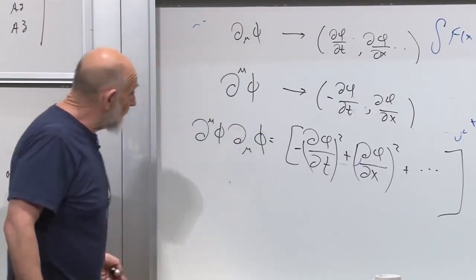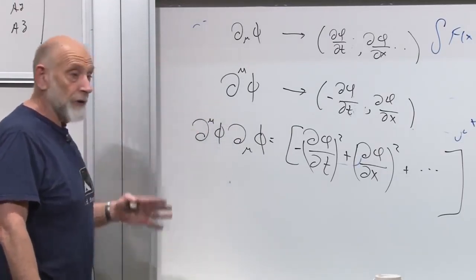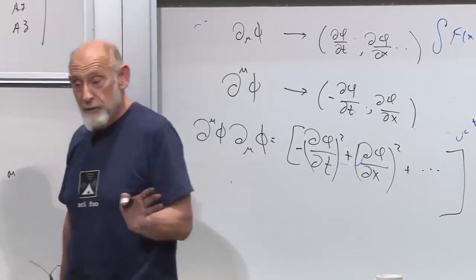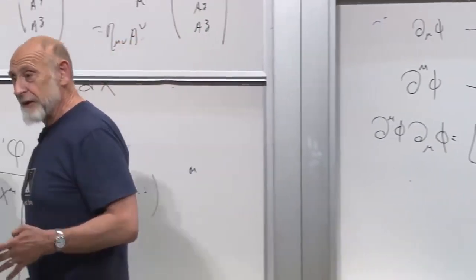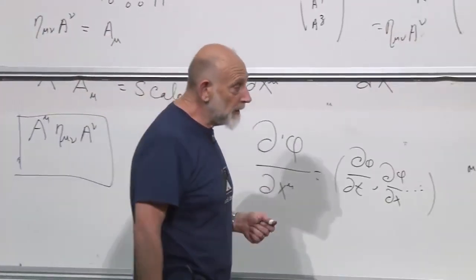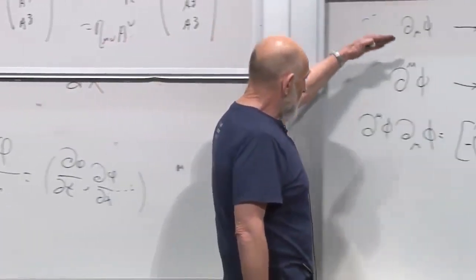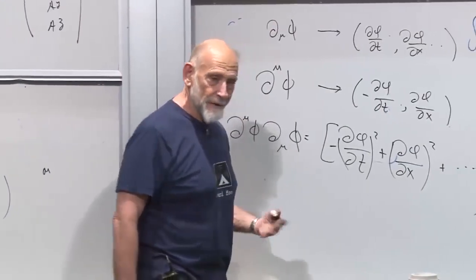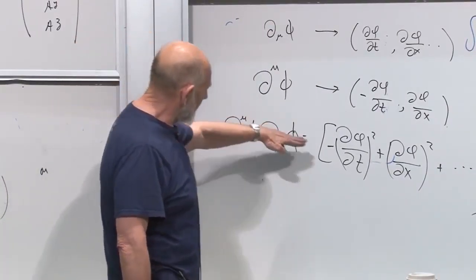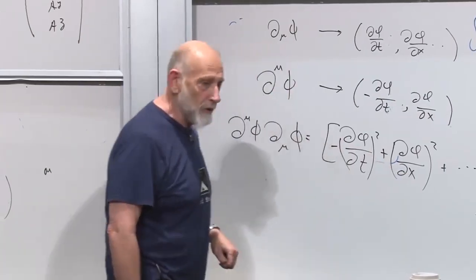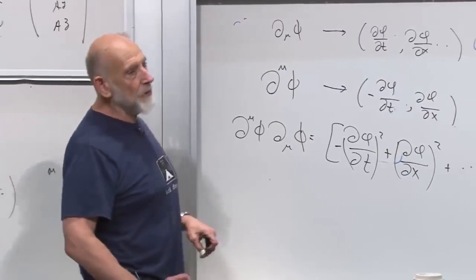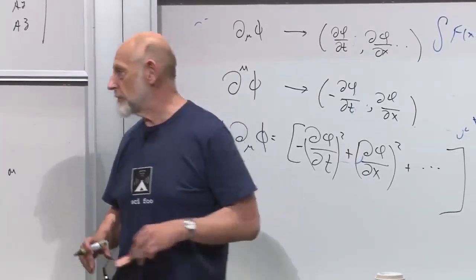What is this telling us? It's telling us that the scalar field Lagrangian is a scalar. The Lagrangian itself, not the scalar field. The scalar field was a scalar because we said it was a scalar. It means it didn't transform when you Lorentz transformed it. But this little exercise in notation tells us that this quantity here is also a scalar.